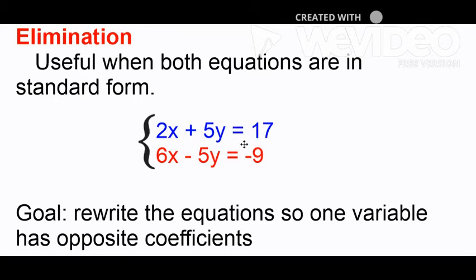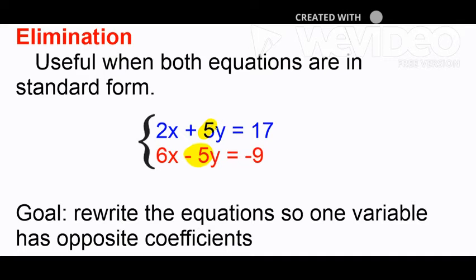Now, the goal of elimination is to rewrite both equations so that one variable has opposite coefficients. So in the example I have here, the coefficient of y is 5 in this one, and negative 5 here. This is a prime example of when to use elimination because my coefficients are opposite, meaning one is positive, one is negative.